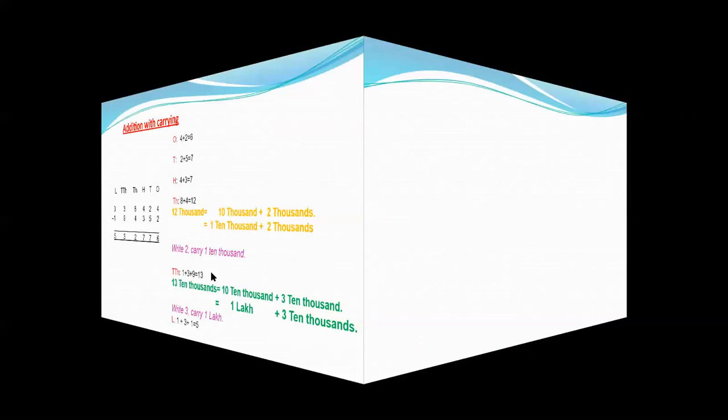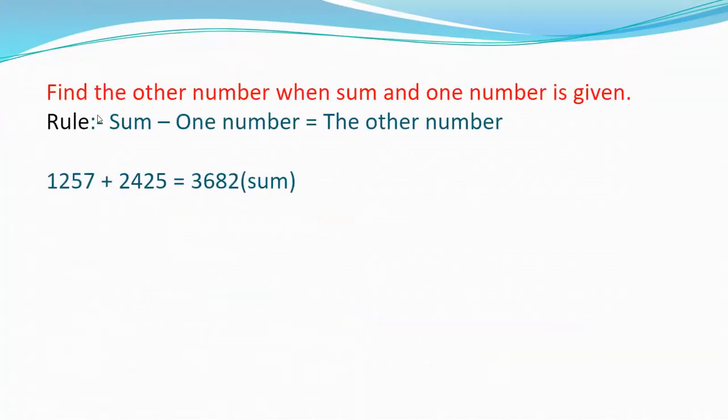The next is find the other number when sum and one number is given. Sum means when we add the numbers, the answer is called sum. When sum is given, one number is given, we can find out by subtracting the given number from the sum. Sum minus one number equal another number.